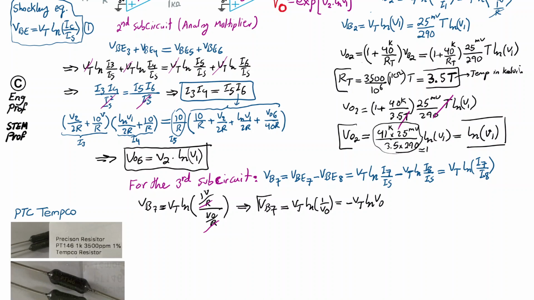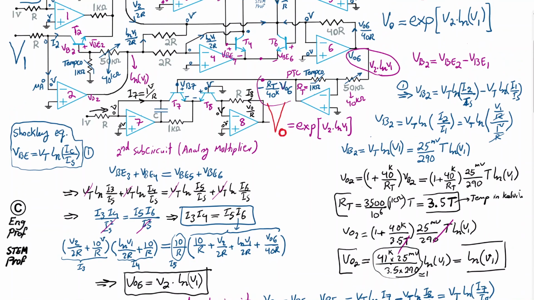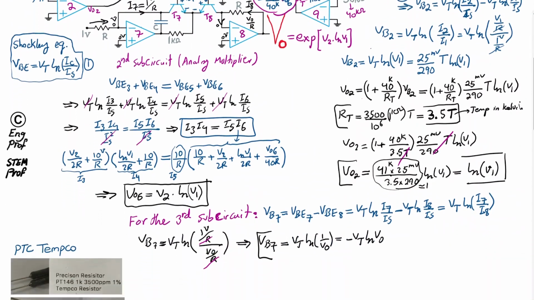But remember that the voltage of base 7 is connected via wire to the output of the op-amp here. So let's say op-amp 9. And because of that, the voltage of base 7 is just this value. So I'm going to write it here. That value is minus RT over 40K V out 6.